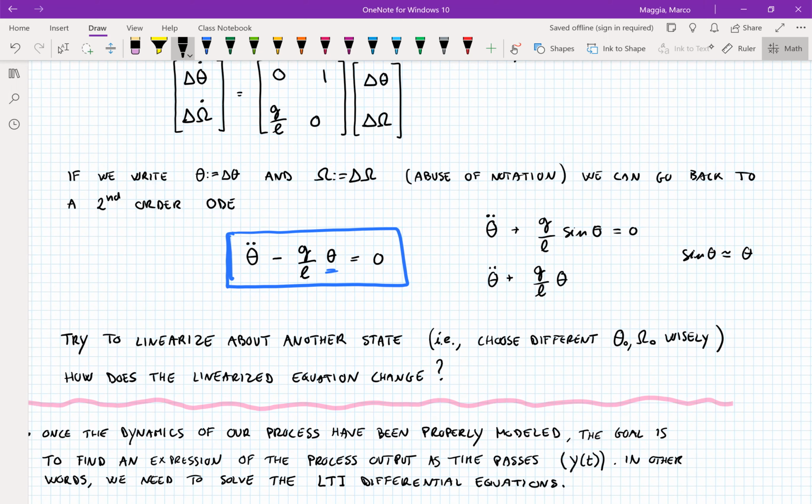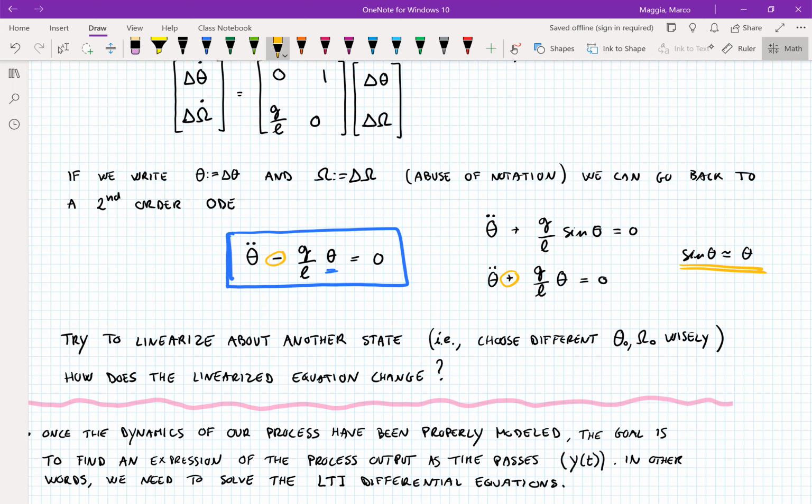So there you go, this linearization here. You see that there's a problem, and that is the sign. With our longer process, we've obtained a minus sign. So how come that if we approximated sine of theta with theta, we have a plus sign?